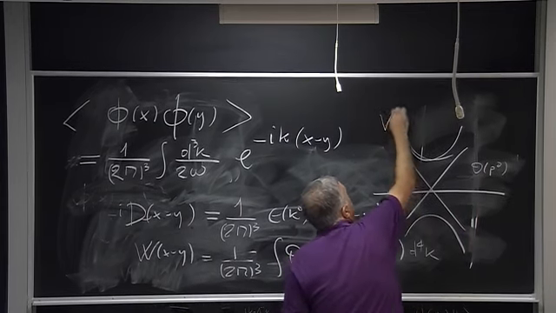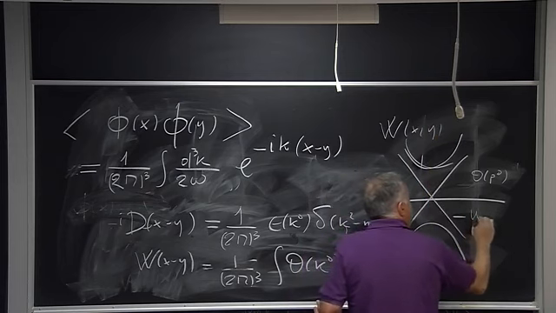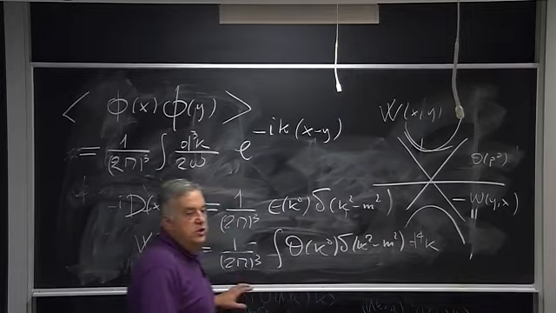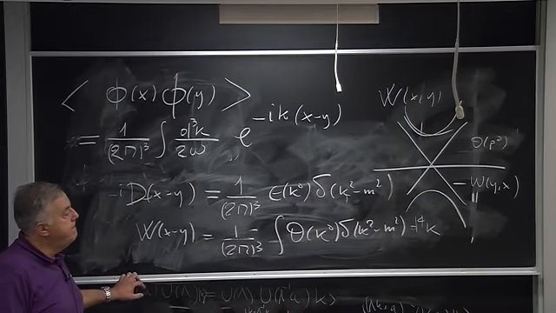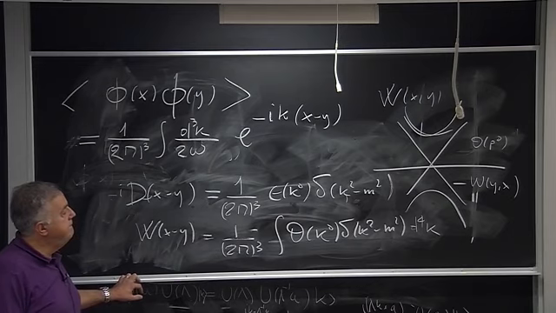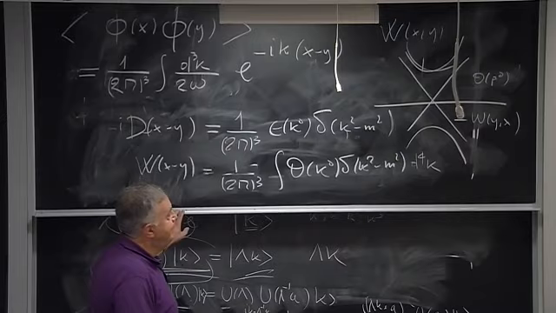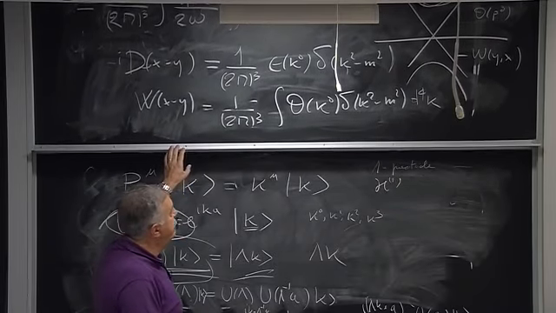So this is W of x and y. And this is minus W of y and x, the permuted function. Okay? So this is the standard way of doing this construction.